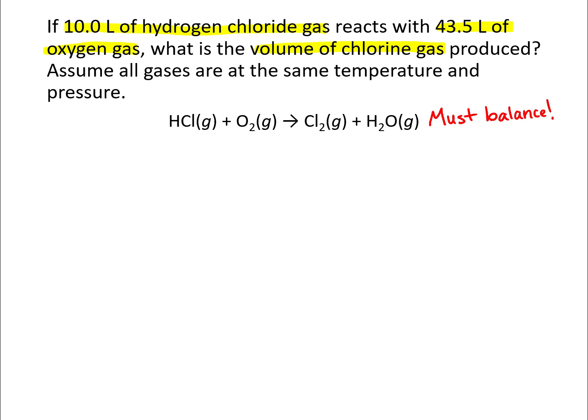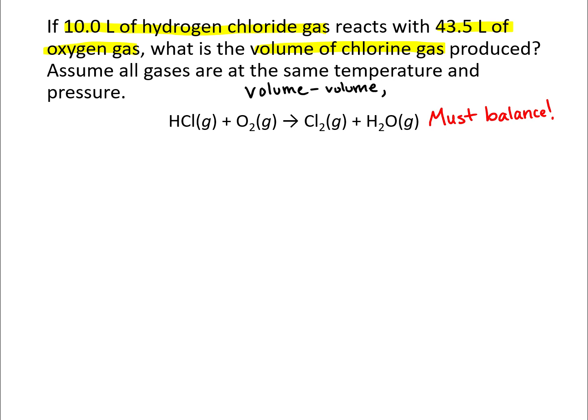The other trick to this one is recognizing what kind of problem you have. We're starting off with volumes, and we're asked about what the volume of chlorine gas is. So it's a volume to volume. But we have 2 amounts that we're starting with. 10 liters of hydrogen chloride gas, 43.5 liters of oxygen gas.